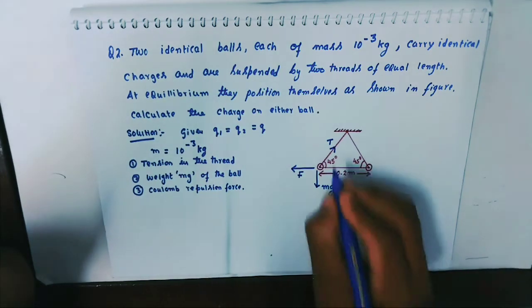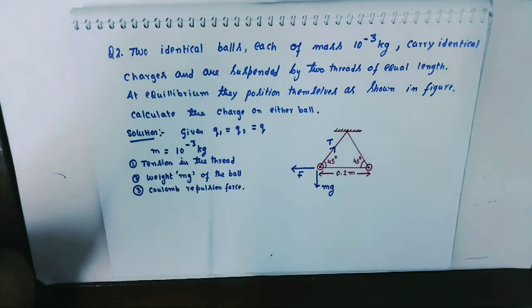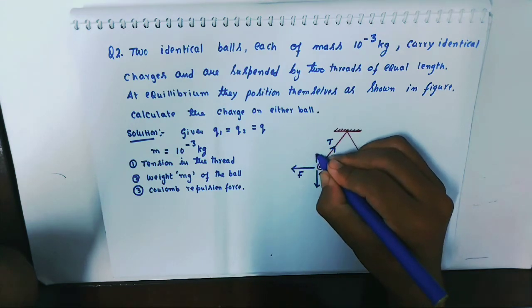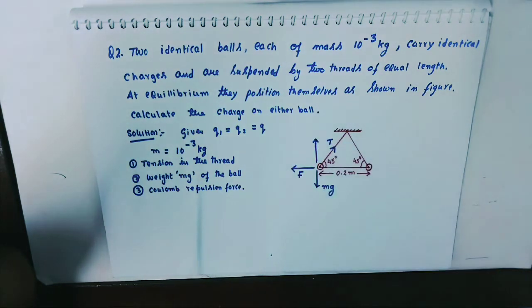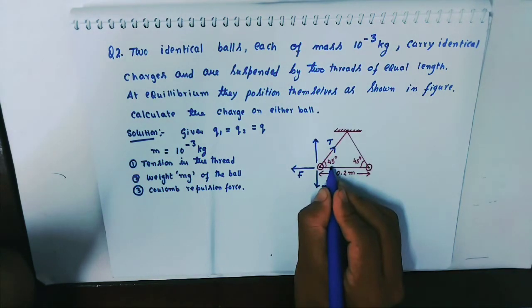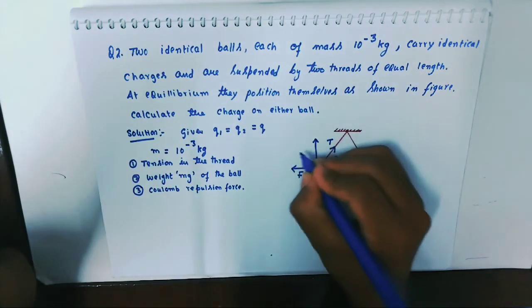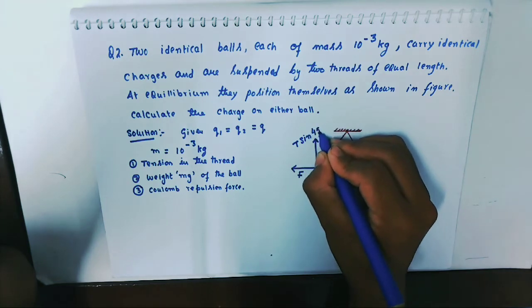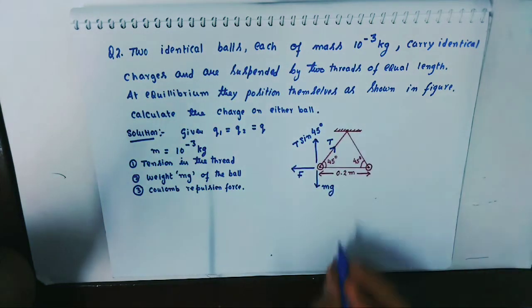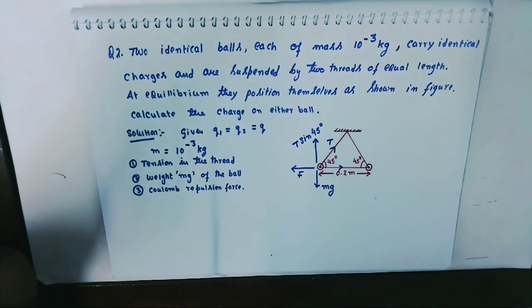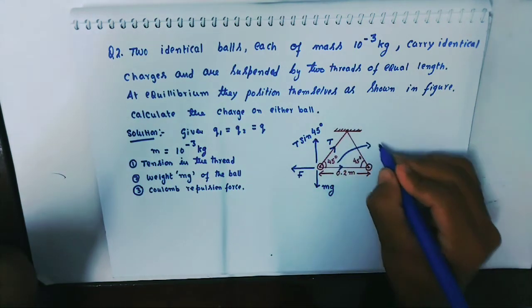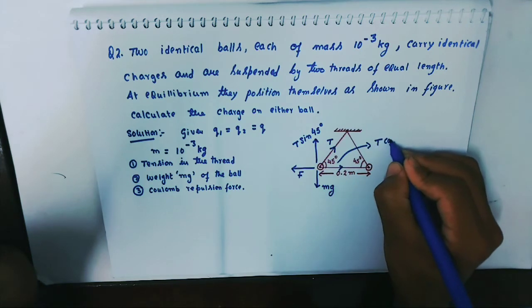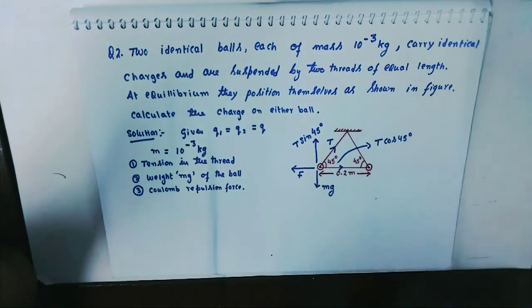Now, the tension T is resolved into two components. One is along the vertical. So here, this angle is 45 degree. So therefore, along this vertical, we can write T sine 45 degree. And along the horizontal, this tension is T cos 45 degree.